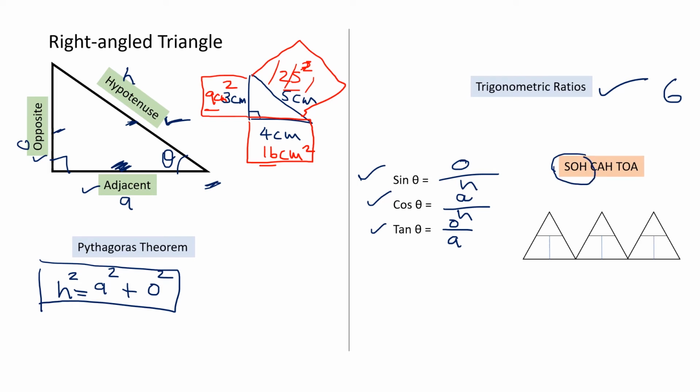If you remember the equation triangle, this equation triangle is useful. From CAH, cos equals adjacent over hypotenuse. From TOA, tan equals opposite over adjacent.